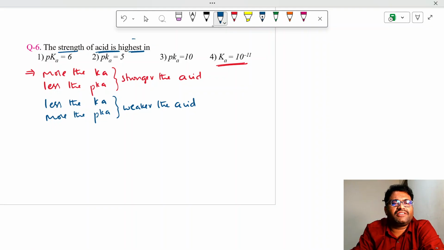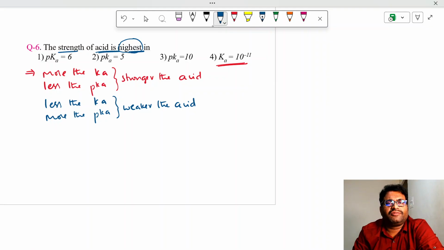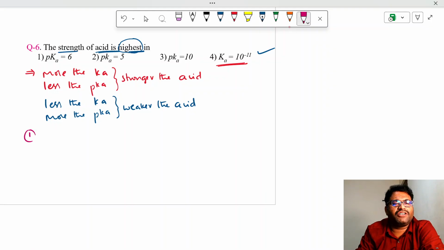Now the question asked is highest. Highest means we have to look into Ka and pKa. Let us convert all into either pKa or Ka. Let us convert it into Ka. Here it is given Ka. Let us go with the first option. In the first option, what is given?